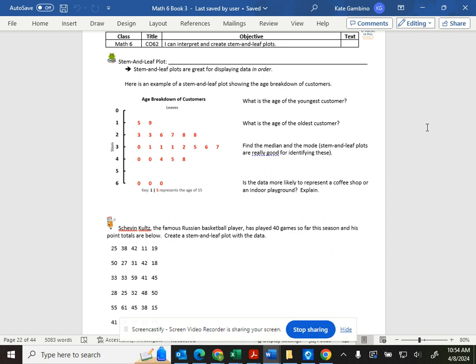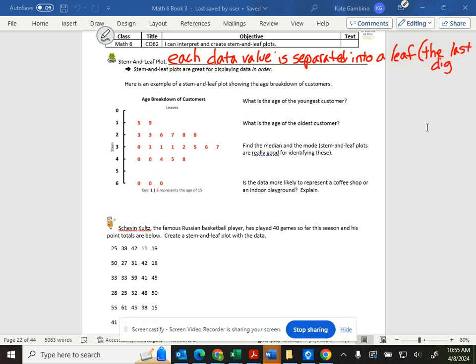Thank you. So a stem and leaf plot is where each data value is separated into a leaf, which is the last digit of our numbers, and a stem.